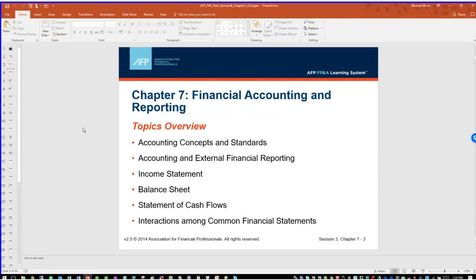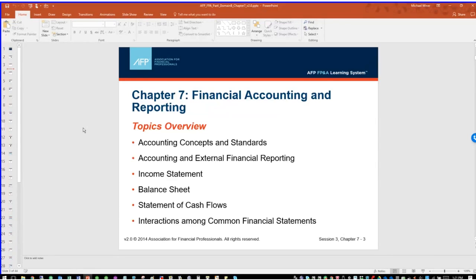The challenge that you have in FP&A is that while it is its own discipline, financial planning and analysis, the language still uses accounting. The language is accounting. And so if you are in this part of the career world and don't feel strongly about your accounting skills, it's something I encourage you to add over time, and you can add it academically.